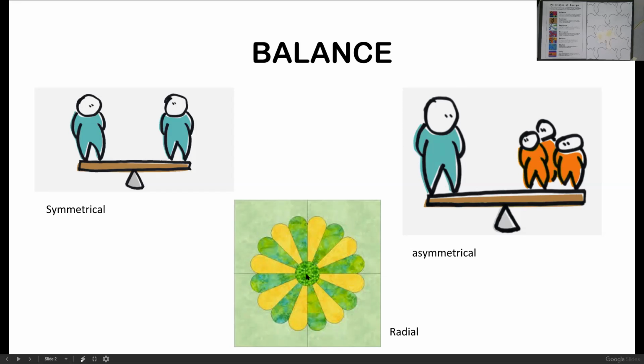Perfect. And then radial is pretty easy. There's no mistaking radial balance for anything else. Radial balance starts in the middle and then spreads out in a circle all the way out. So in this case, we have a flower design. Every petal is the same and it spreads out in a circle.